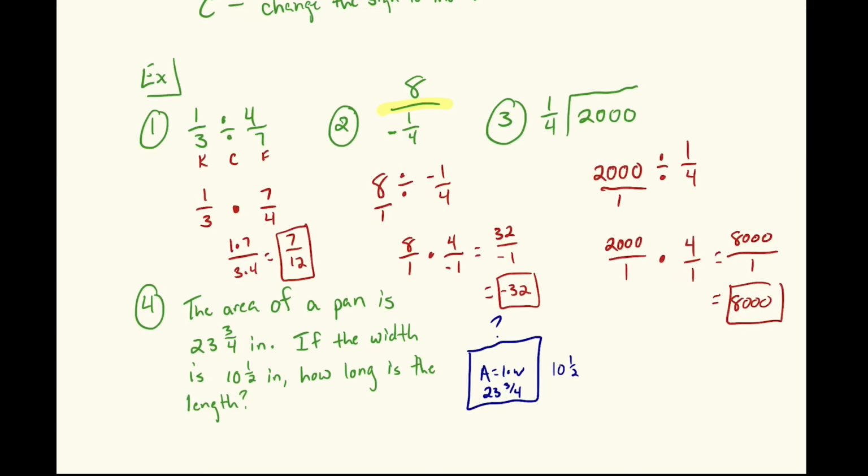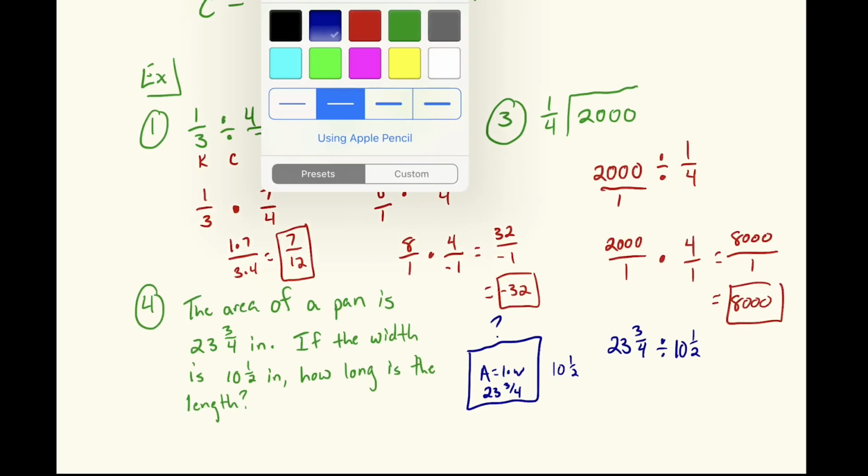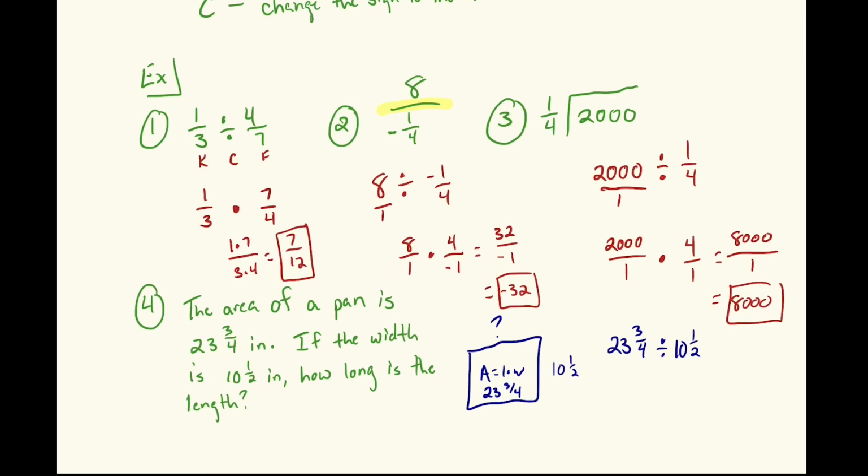Well, how do I figure out what that missing number is? Well, if I can't multiply, I could work backwards and divide. So I could say, hey, 23 3/4 divided by 10.5 is going to get me my answer. So again, we have to go back and convert these mixed numbers, right? We end up getting 4 times 23, which is 92.